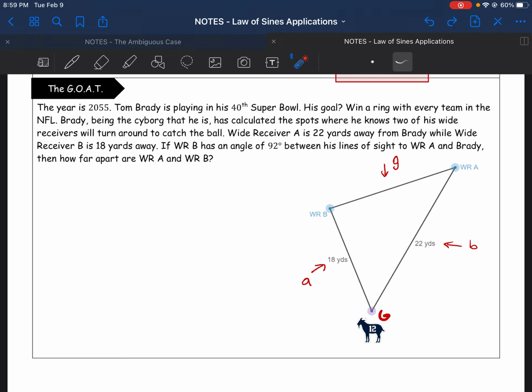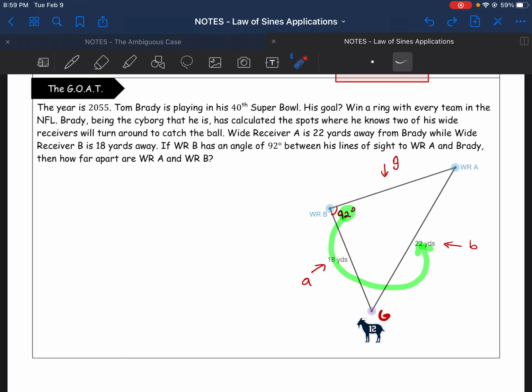So in order to do that, we're going to have to use the law of sines. But notice that this is actually an ambiguous case problem. We were given a side and this non-included angle. This 92 degrees, that's this angle right here. So because we have an ambiguous case problem, first we need to figure out how many solutions this triangle is going to have.